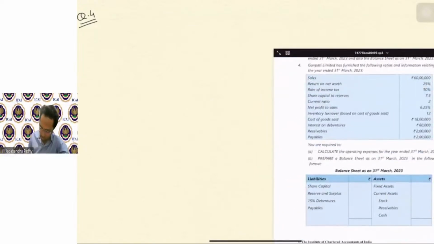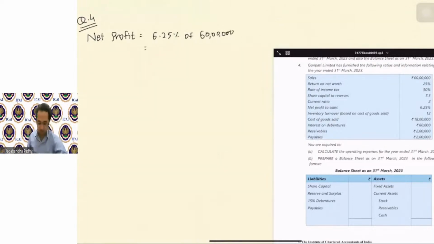Not return, but net profit to sales. So we have the net profit figure to be 6.25% of 60 lakhs, which is 3 lakh 75,000, the amount of net profit.